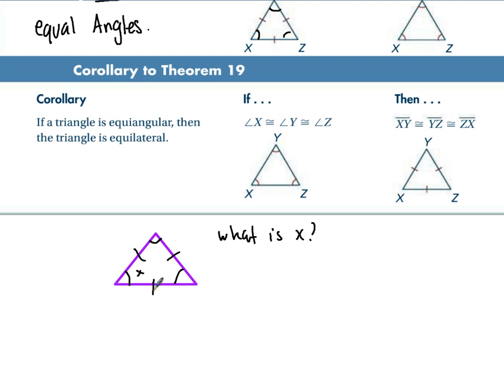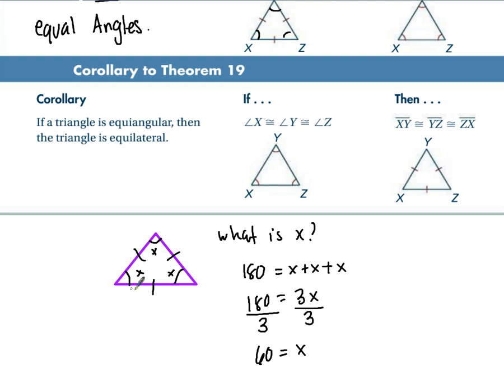So we know that all triangle angles add up to 180 degrees. So 180 equals x plus x plus x. I have 3 x's, so 180 equals 3x. I want x by itself, divide by 3, divide by 3. So 60 equals x. So this is 60, that is 60, and that is 60.